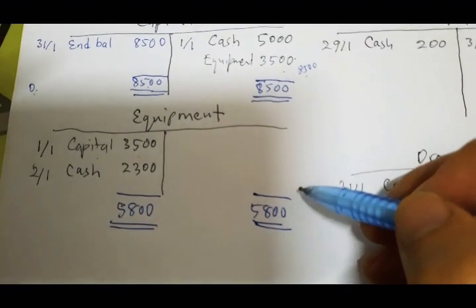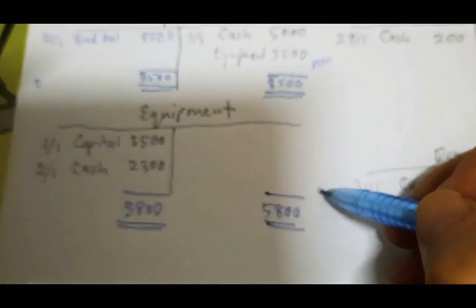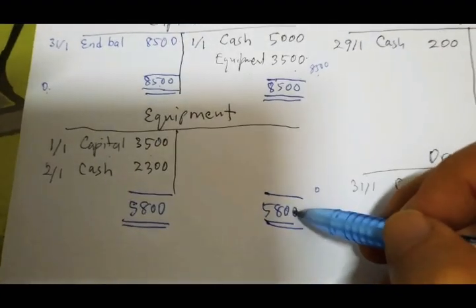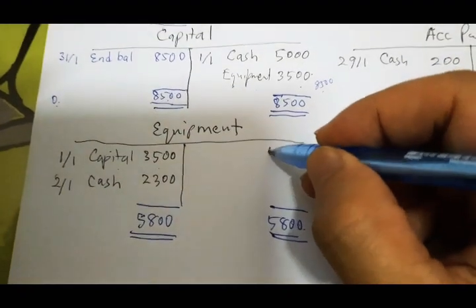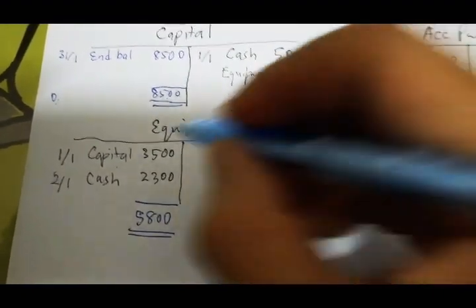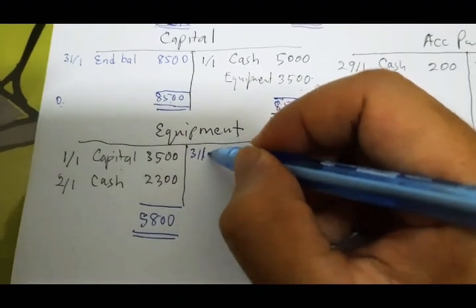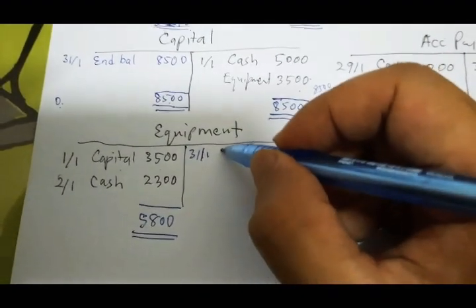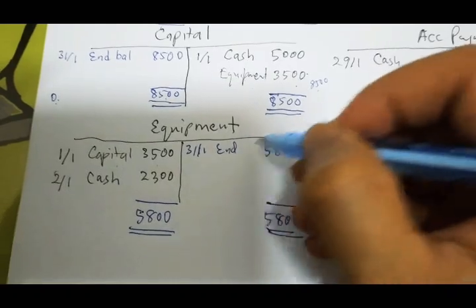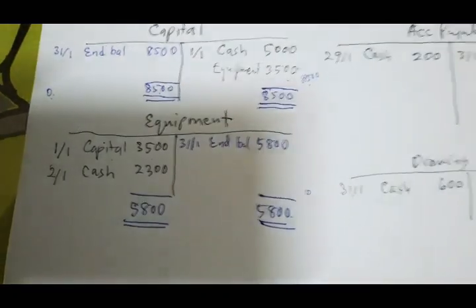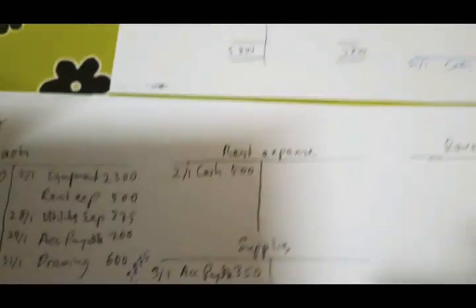So here it is 0, and the difference between 0 and this one is 5,800. So 5,800 is the ending balance at the 31st of January. Okay, I will do it quickly.